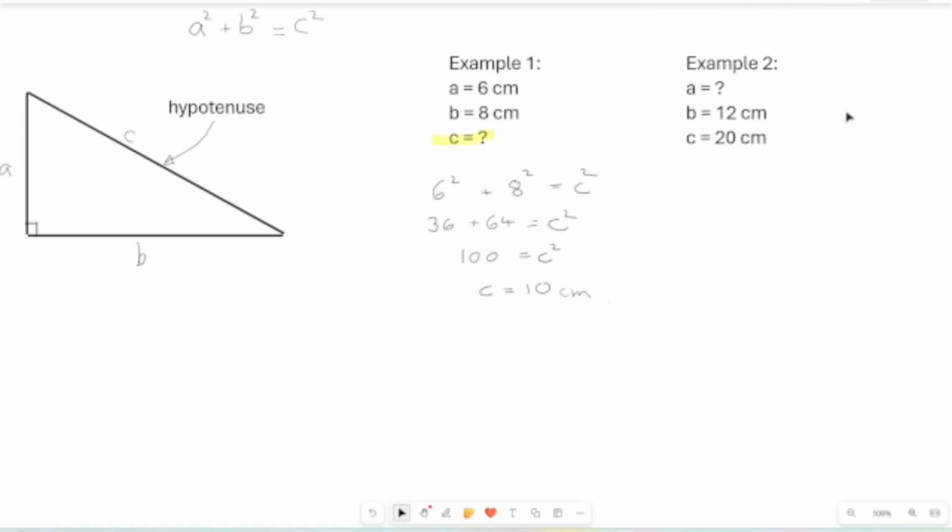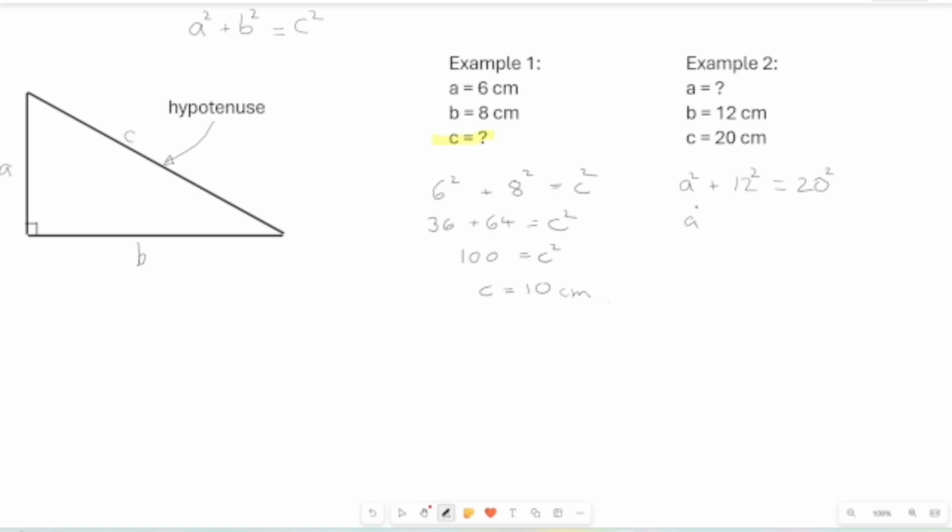Once again, we apply Pythagoras' theorem in the formula, and that tells us that A squared, which we don't know what that is, that's what we're trying to find, plus B squared. Now we know B squared, that's 12 centimeters, so that's 12 squared, is equal to C squared, and C is 20 centimeters. So that equals 20 squared.